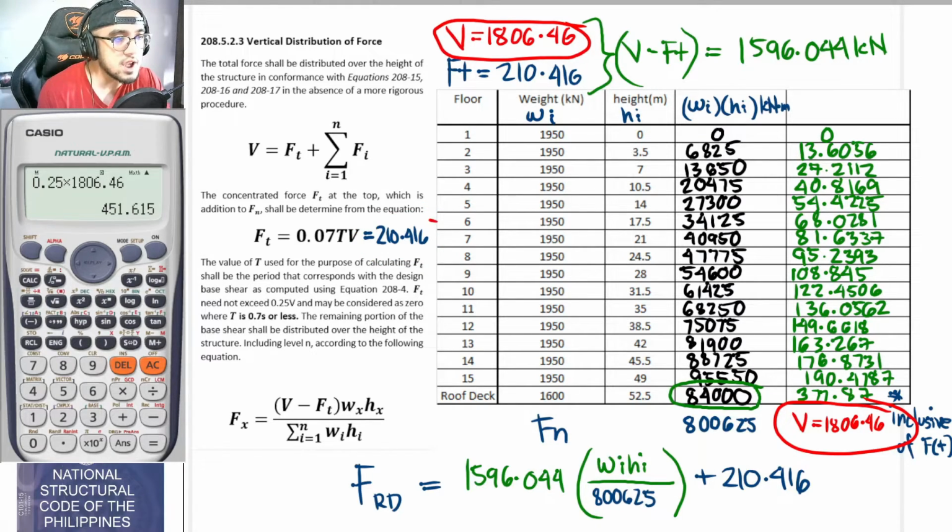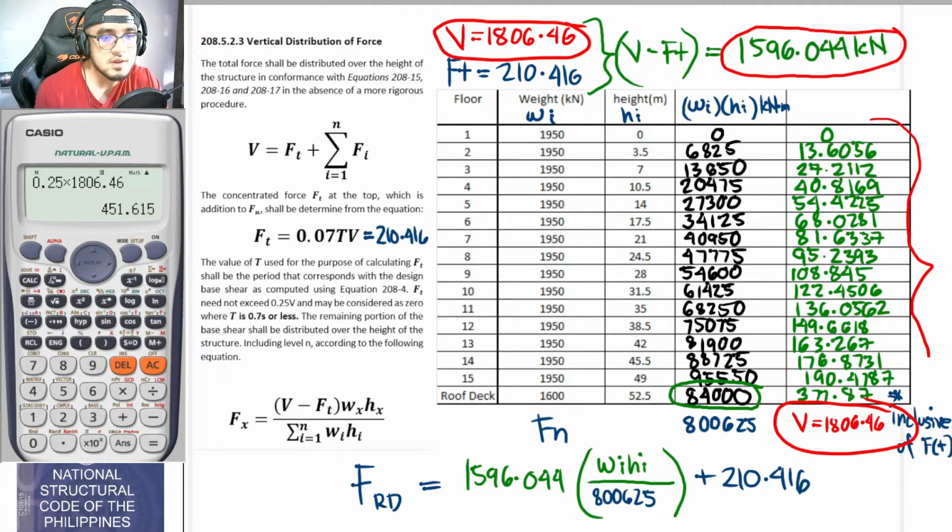Okay, so after checking the value for your Ft, after solving for it, you will now be deducting this value from the base shear for you to know what is the force that you will be distributing to each of the levels. After solving for this, you will distribute this value to each of these stories by virtue of this formula.